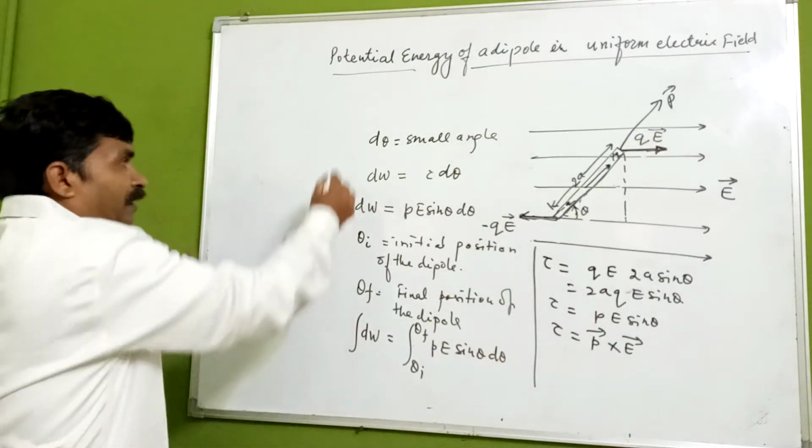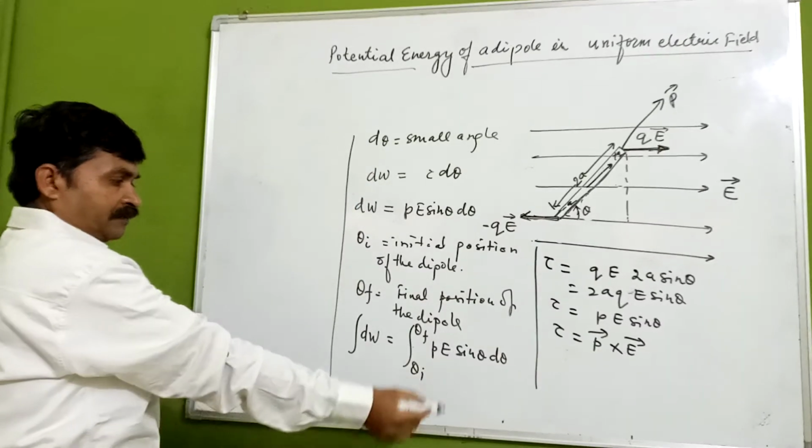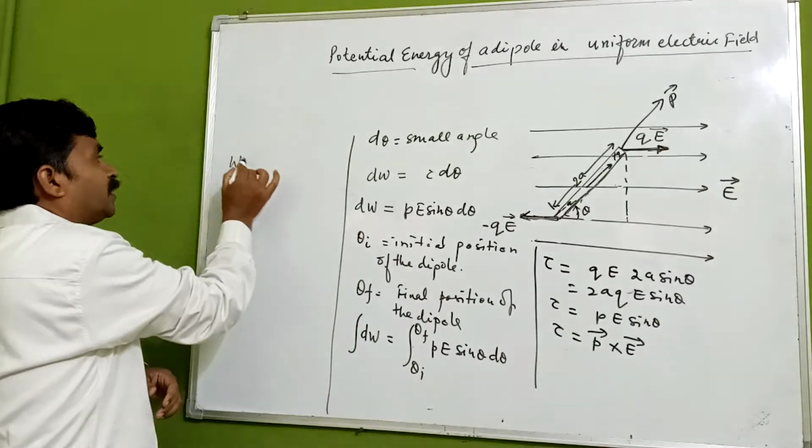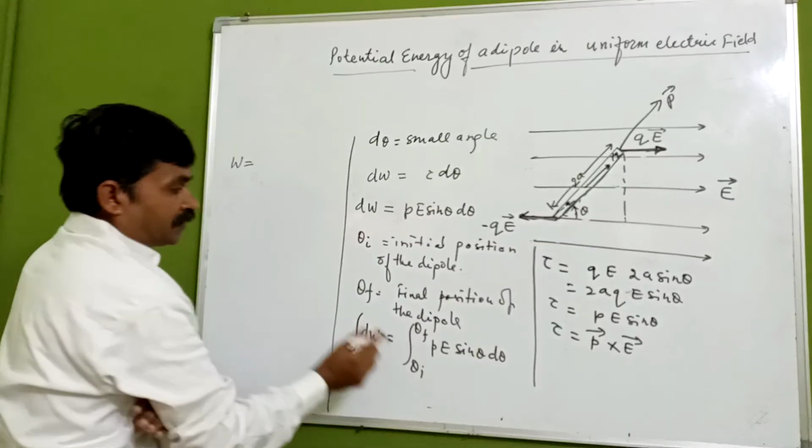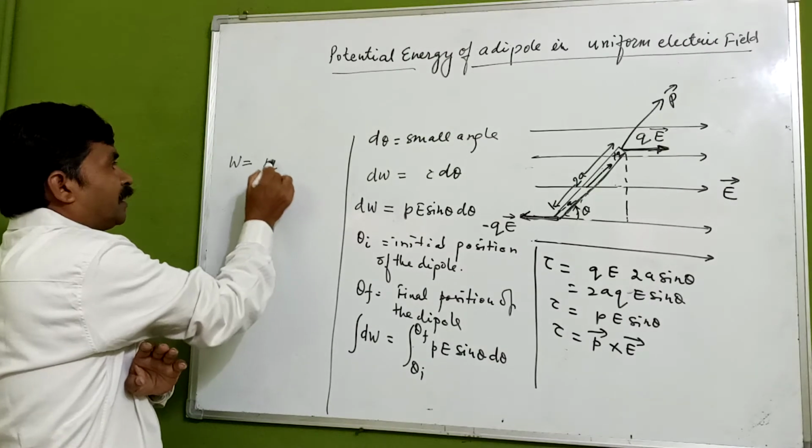So the final expression for the total work done will be pE times the integral of sine theta, and sine theta gives minus cos theta.